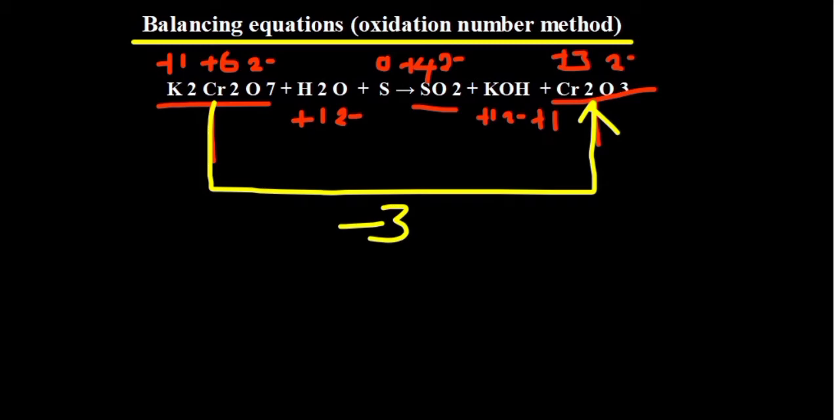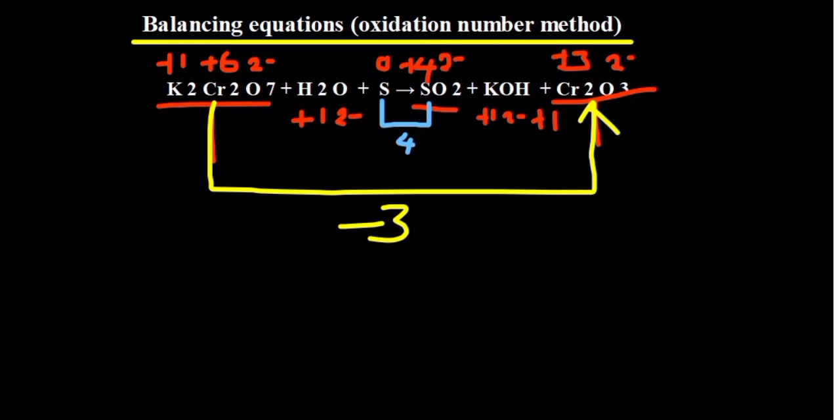Then we've also seen a change in sulfur from 0 up to 4. So the change is 4. So we've come up with the changes, right? So for sulfur, that's an increase, so that's an oxidation. Then for chromium, that is a reduction.